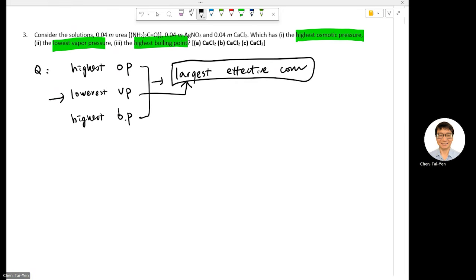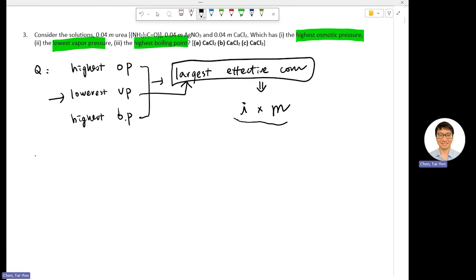Then you need to know what effective concentration is. It's basically your van't Hoff factor multiplied by the given concentration. Whoever is the largest will be the answer for the three questions.